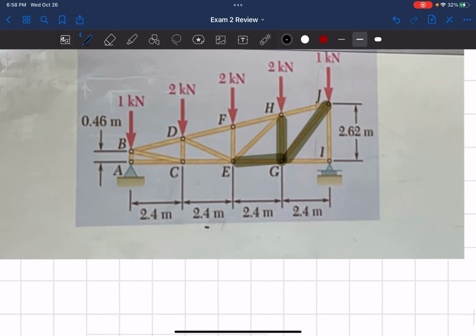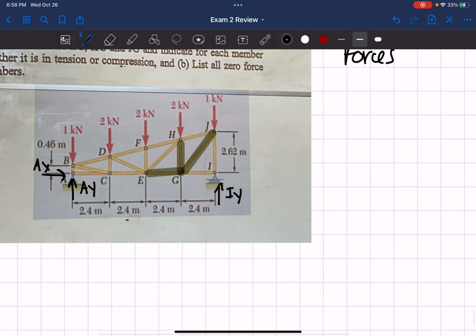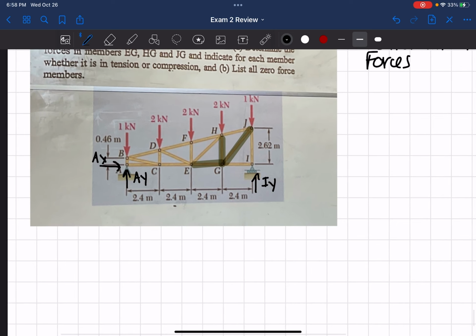So first we know that this is a pin, which means that this is going to have an upward AY and this is going to have an AX. This roller is going to only have a normal force perpendicular to where it's situated, so it's just going to have an IY going up. It's not going to have any horizontal force.